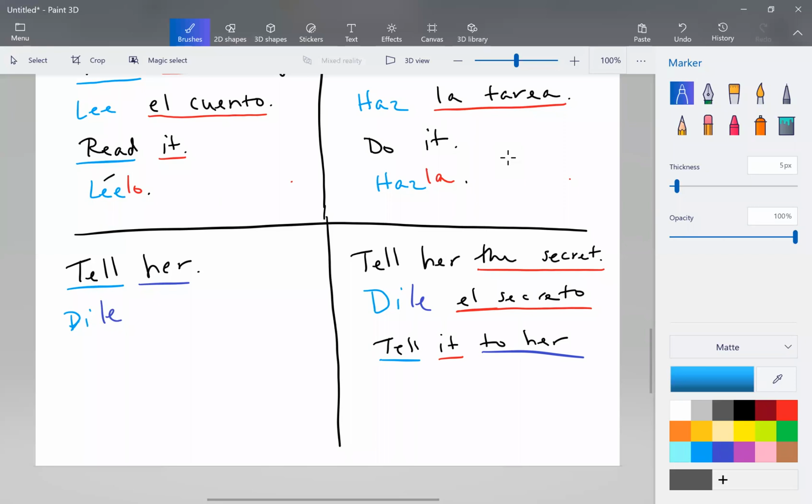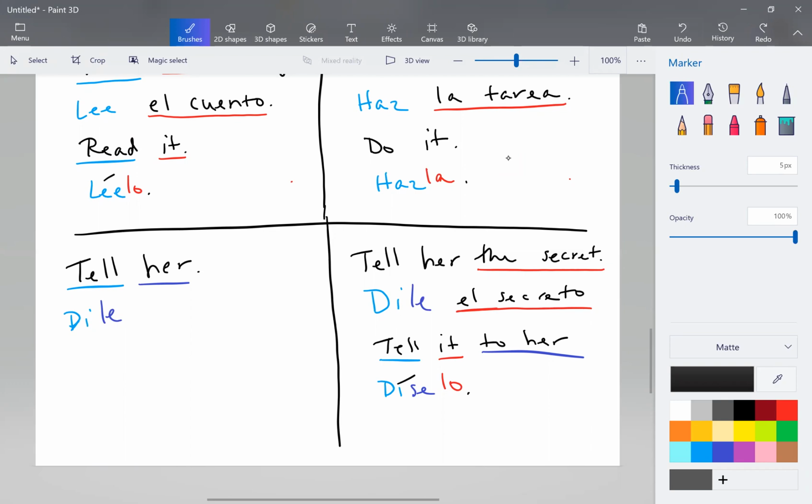We still have di, and then we have se, and then we have lo, all one word. And why do I have a se? Because le and lo cannot go together. Exactly, because le and lo cannot go together. So we have to change it to se.